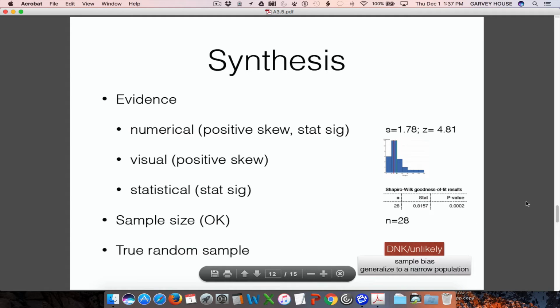We do not know, and it's unlikely, but we can't fix that. You'll have to just maybe comment that there could be sample bias, and urge caution about generalizing to a fairly narrow population.